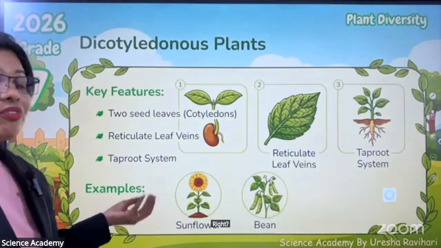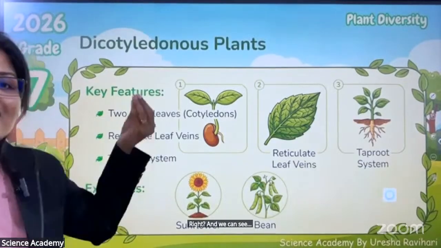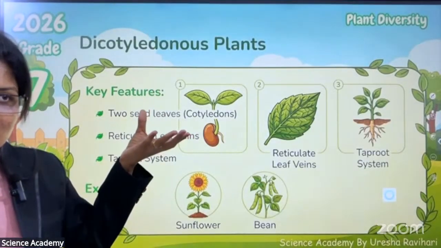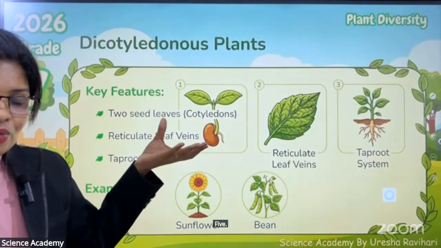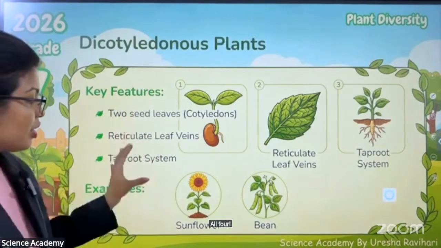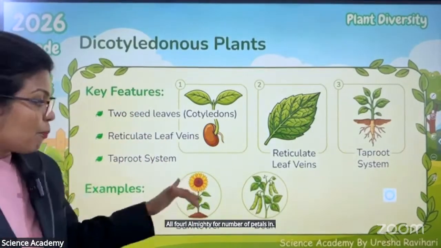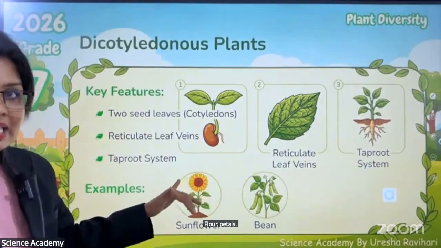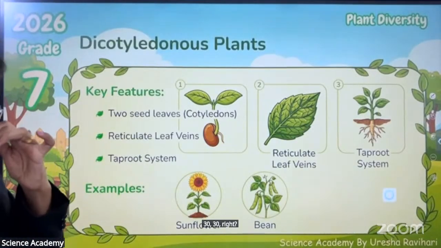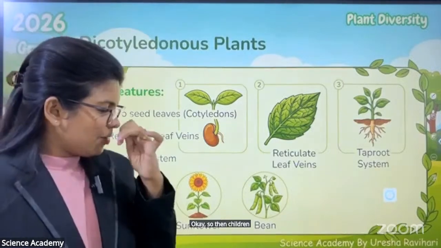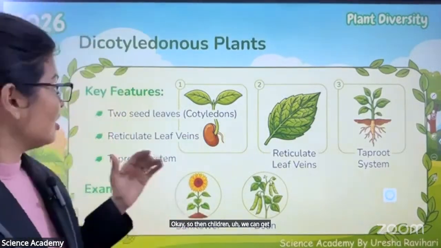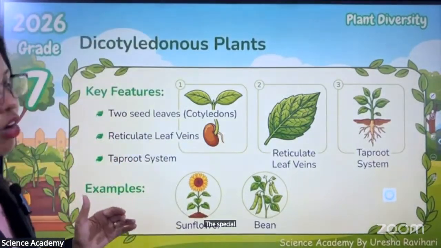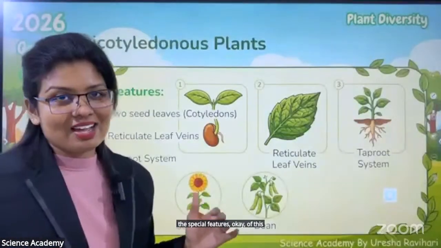And we can see four or five or multiple petals in the flower. Okay, so we can get these as the special features of these dicotyledonous plants.